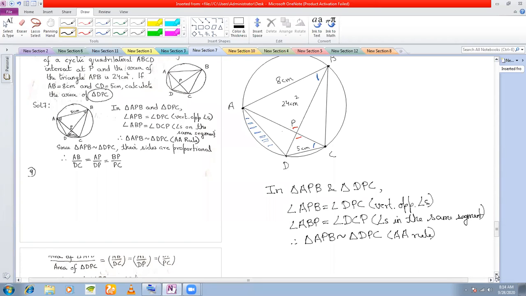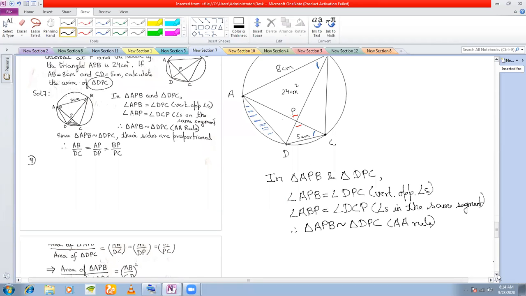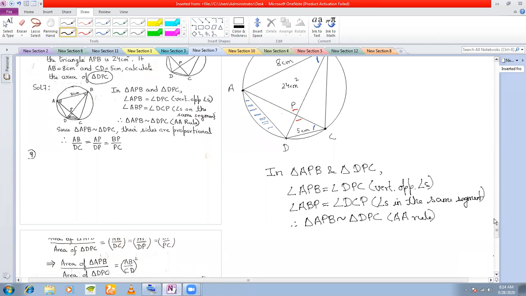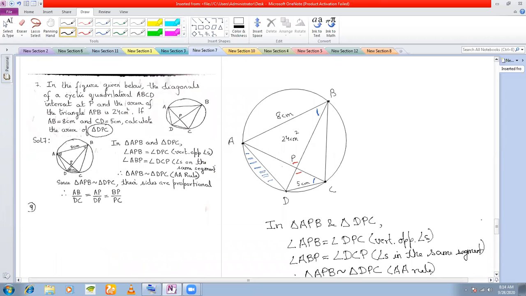Once you have proven similarity, let us write the proportional sides. In order to write the proportional sides, we must mark the third angle also. Which third angle is equal? These two green angles must also be equal because they were the only pair remaining. Also, these two green angles are in the same segment.